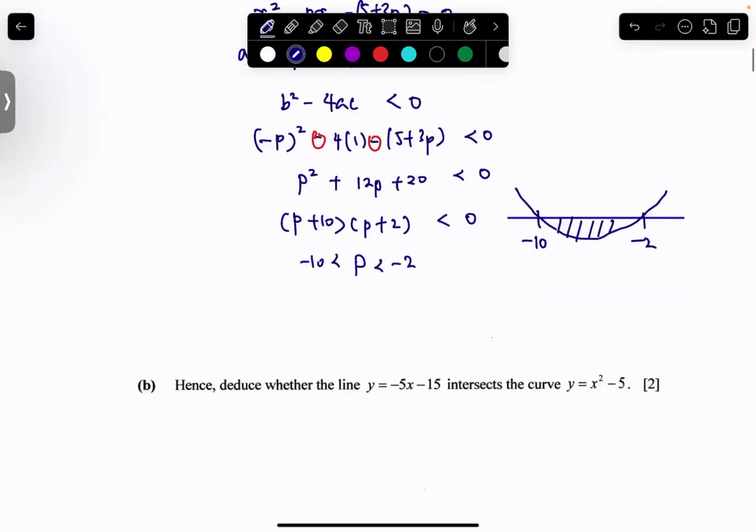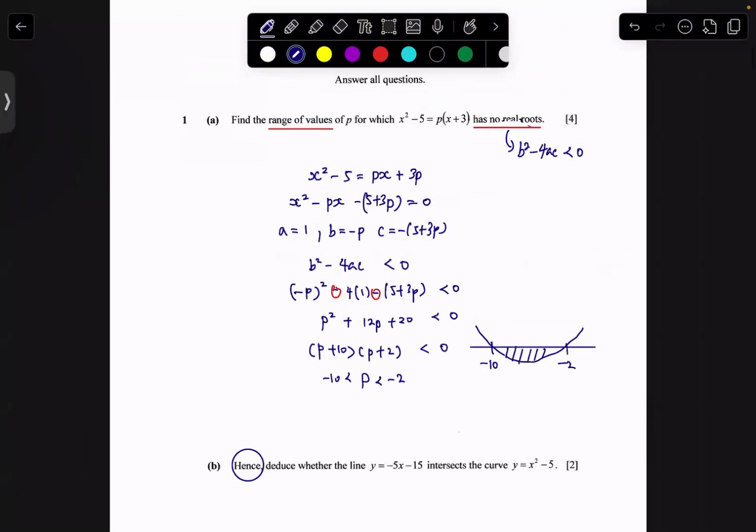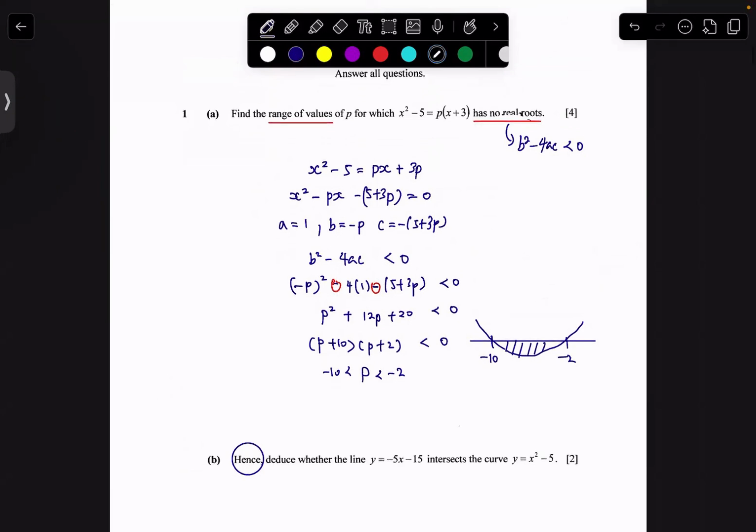Now, hence deduce whether the line y equals negative 5x minus 15 intersects the curve y equals x squared minus 5. Now this is a hence question, and it's only 2 marks. So when we look at hence question, we need to consider the above. What are we trying to link up? You can see that x squared minus 5 is this portion over here.